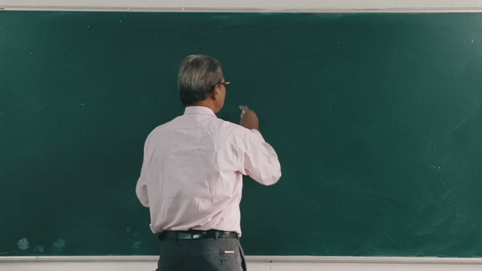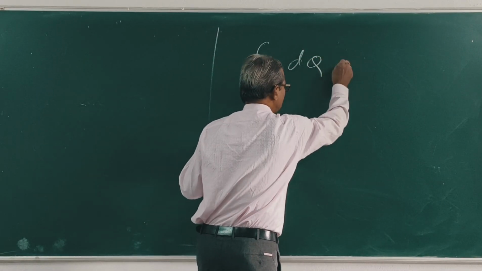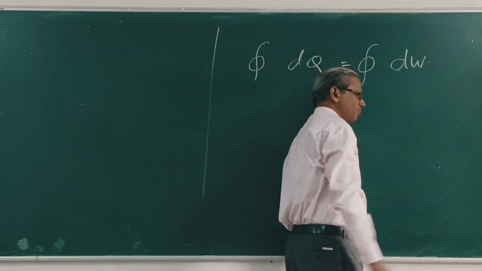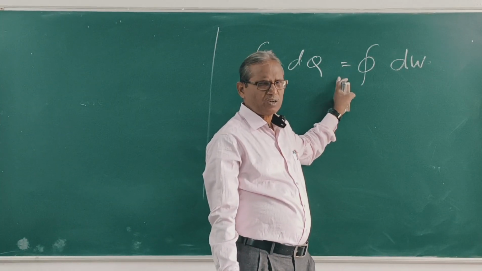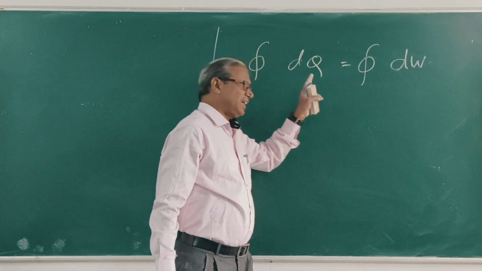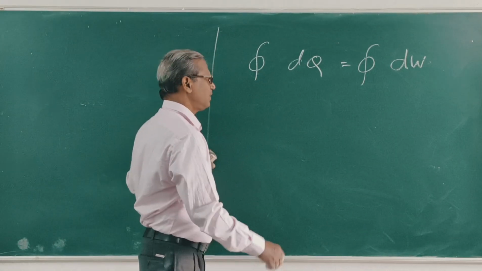That is, the cycle integral of dQ is equal to the cycle integral of dW. Clear? dQ small, cycle integration, integration over a cycle. Clear?